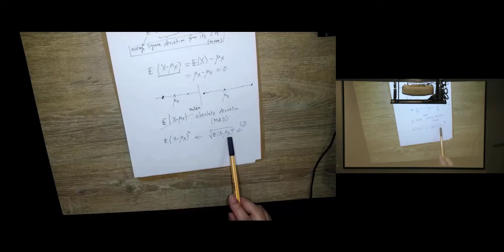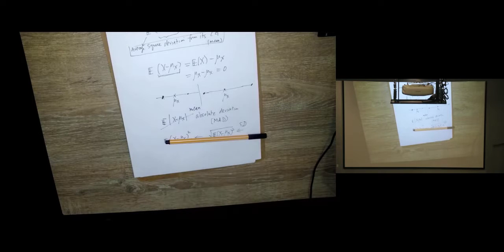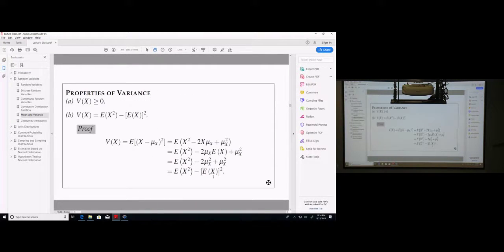And the standard deviation will be in the same unit as your original random variable x. So suppose your random variable x is in meters, then this will also be in meters, whereas here it will be in meters squared.